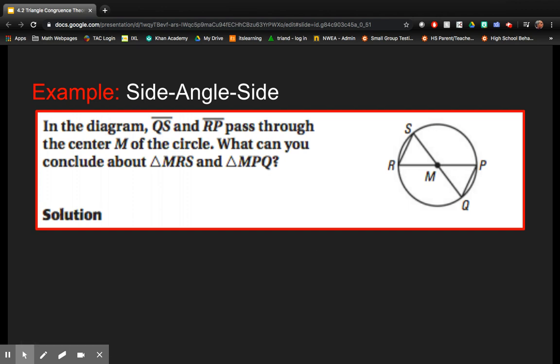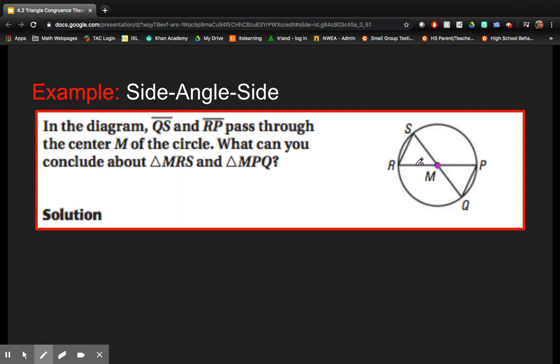In the diagram, QS, which is this line segment, let me get a marker here, QS and RP pass through the center of the circle M. What can you conclude about triangles MRS and MPQ?